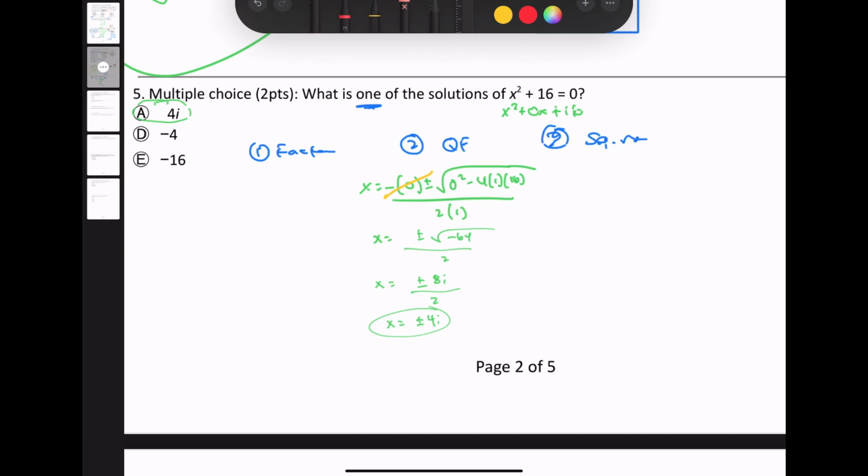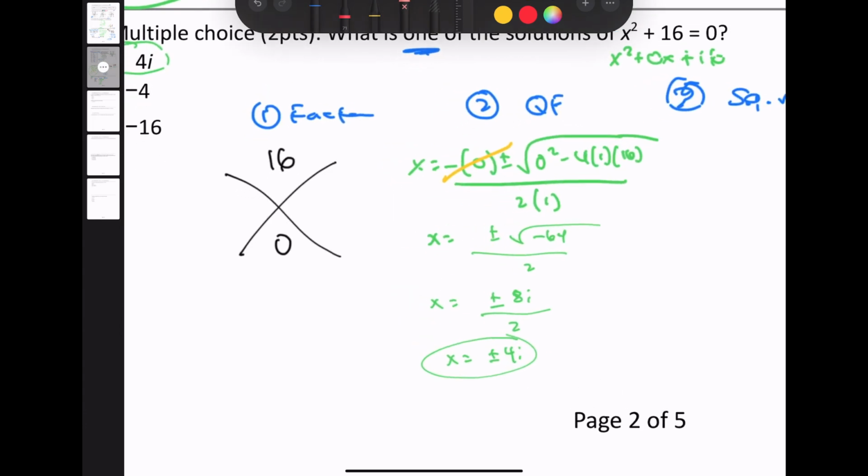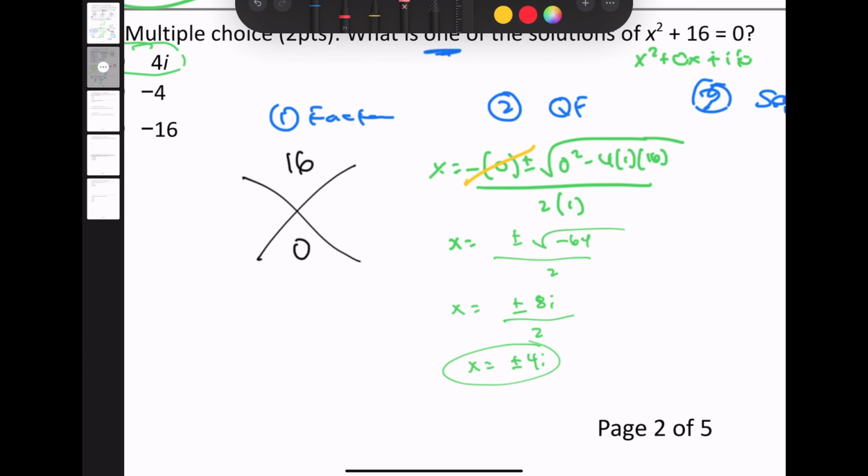If you chose this by factoring, same thing. A times C is 16. My B value is 0. We haven't really done this, but it is possible. Two numbers that multiply to be 16 and add to be 0. So that would be 4i and negative 4i. Negative times a positive is negative.